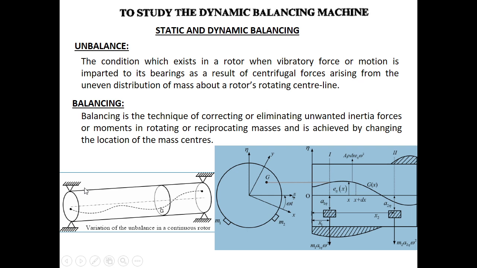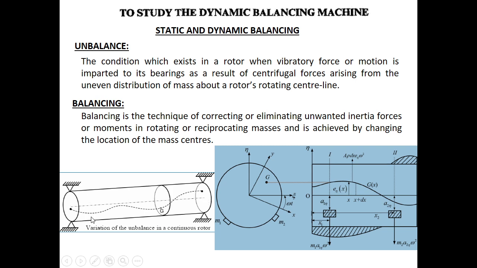That means this rotor, which is supported by two bearings at the two ends, has a particular axis of rotation. This is clear? Yes. After fixing it, this axis of rotation is fixed.